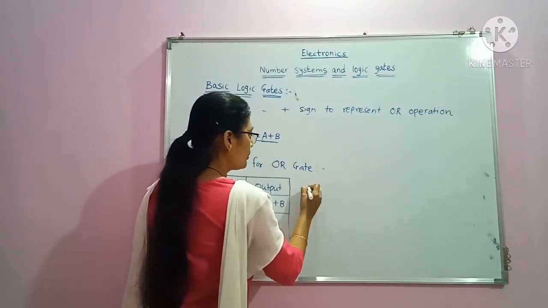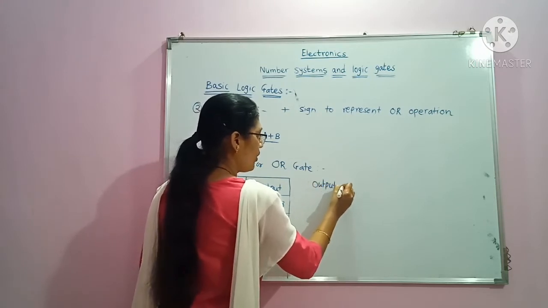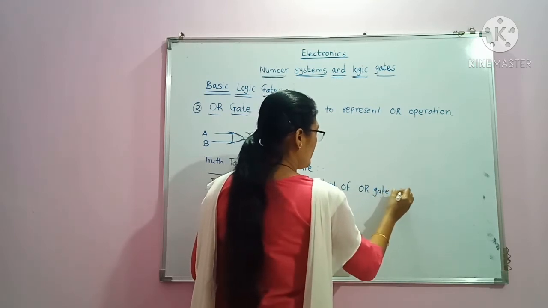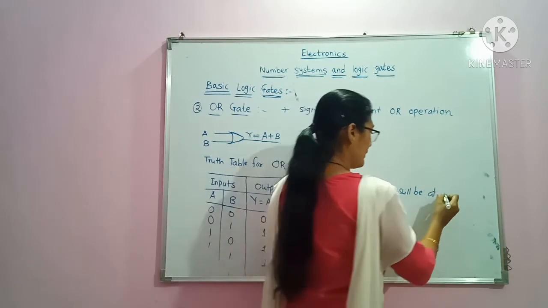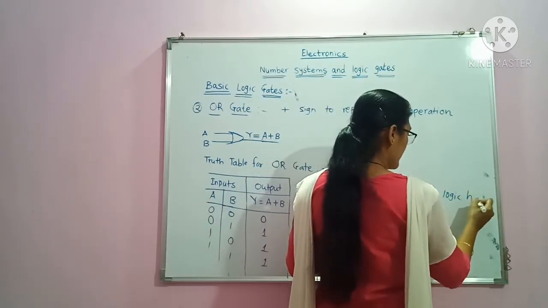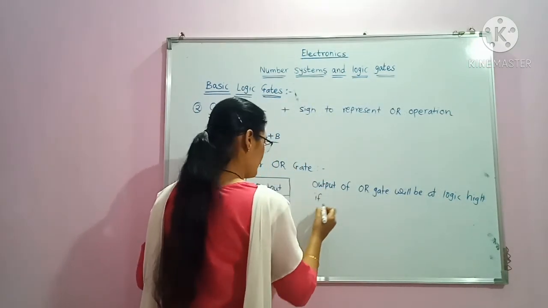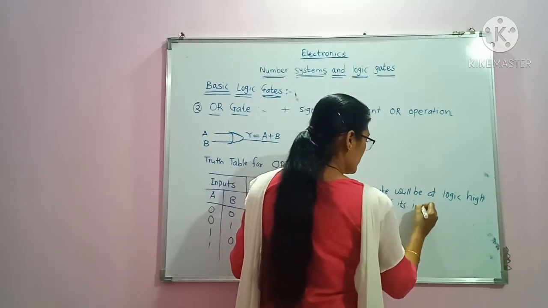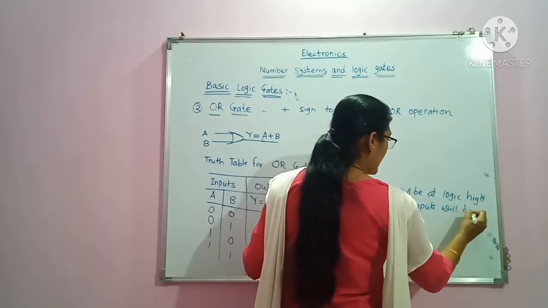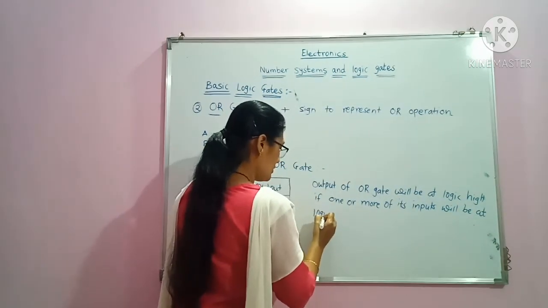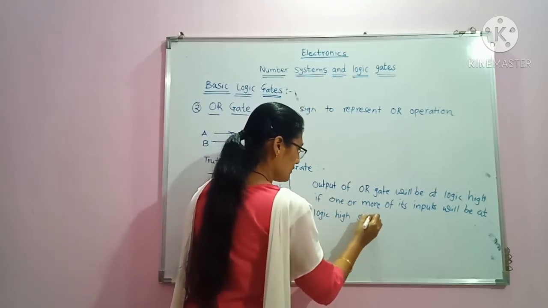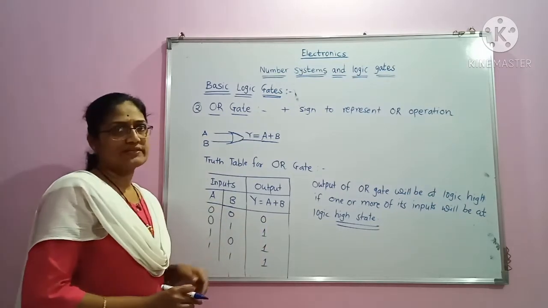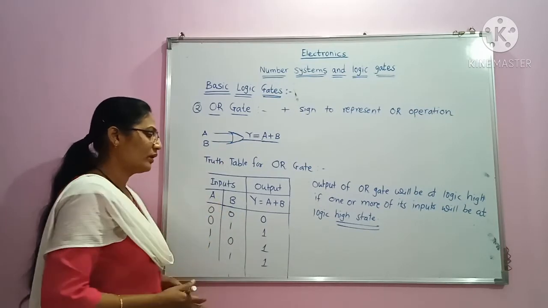So what is the conclusion? The conclusion is that the output of an OR gate will be at logic high if one or more of its inputs will be at logic high state, and its output will be 0 if both the inputs are low, that is 0.